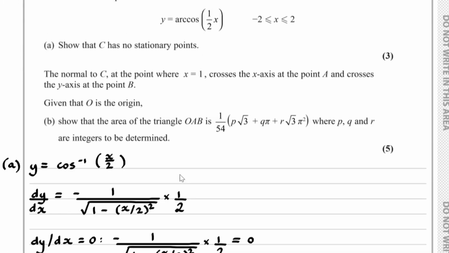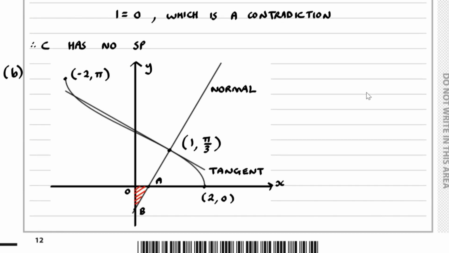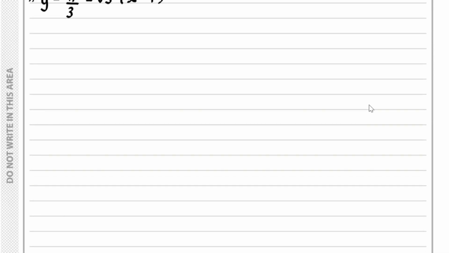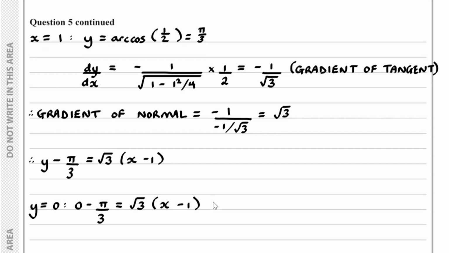If we go back to the question, it crosses the y-axis at B, crosses the x-axis at A. So where it crosses the x-axis is when y equals 0. When y is equal to 0, we've got 0 minus pi over 3 equals root 3 lots of x minus 1.